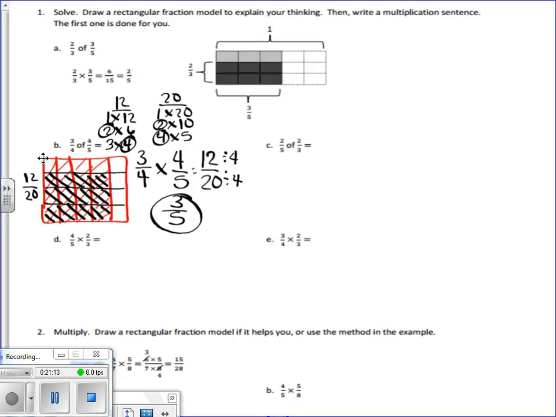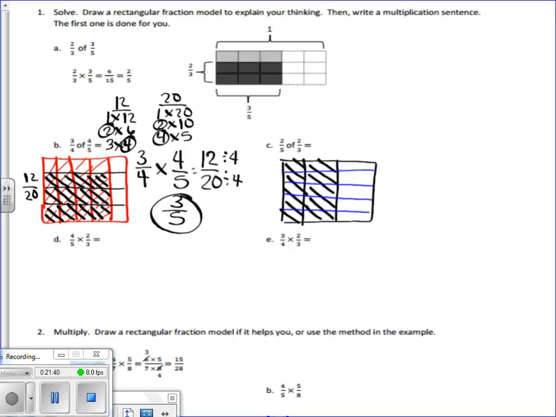I wrote it. 2/5 of 2/3. Separate this one into 3 parts. Shade in 2 of them. 1, 2. 2/5: I go this way, 5 parts. 1, 2, 3, 4.